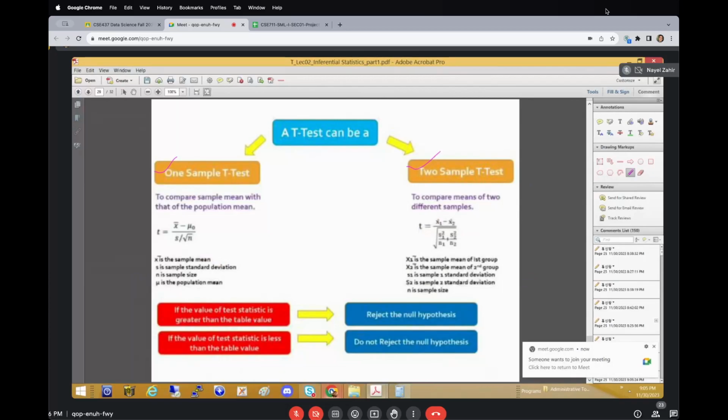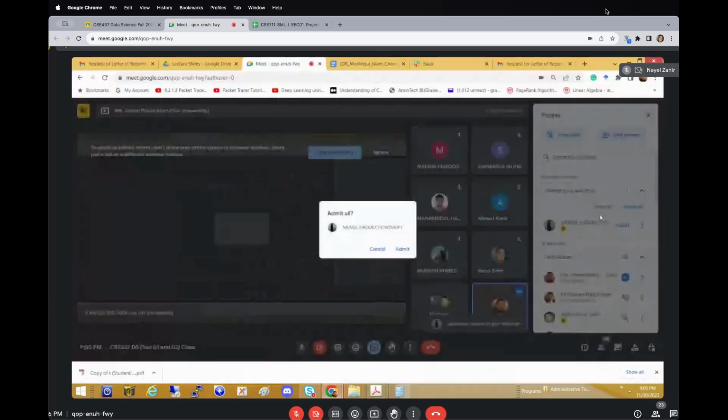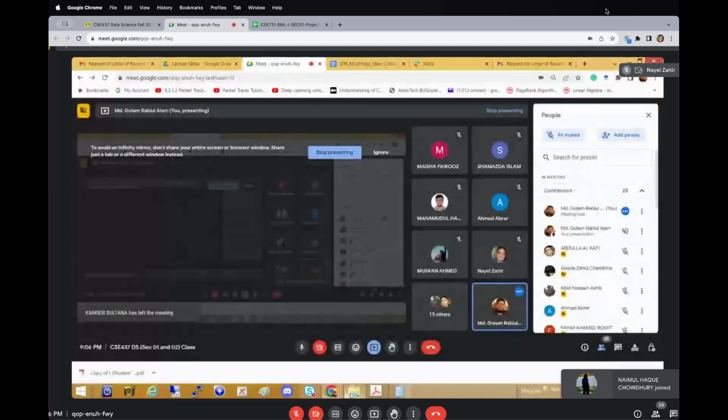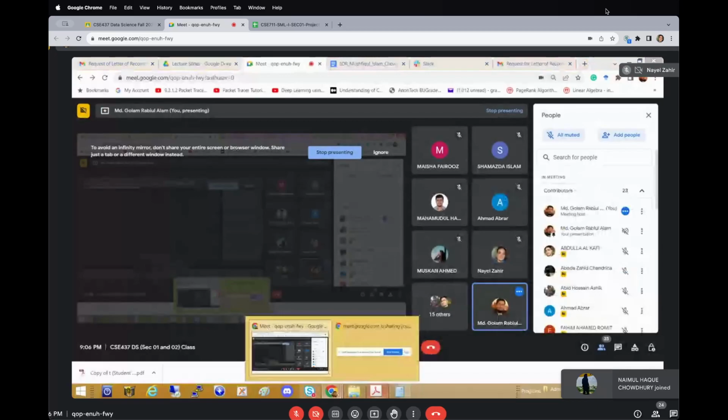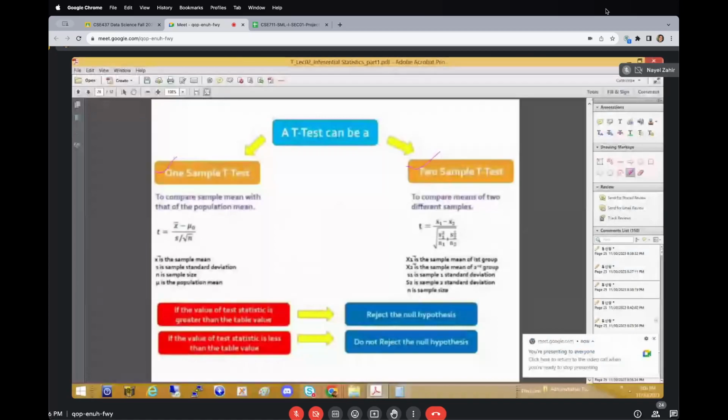If you apply the sampling technique just one time, a single time, that is called a one sample t-test. And if you apply the sampling technique two times, then this is called a two sample t-test.